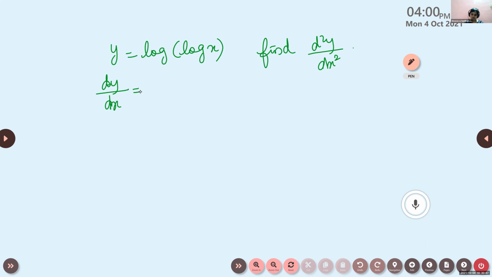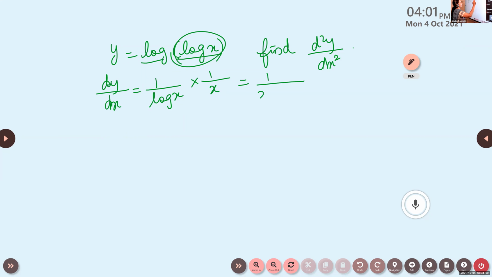So the derivative of log x is 1 by log x into, in the place of x, what we have, that one we should differentiate again. The derivative of log x is 1 by x, isn't it? So we can write this as 1 by x log x.